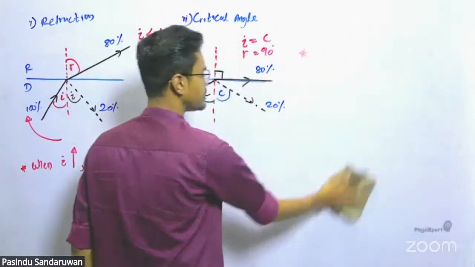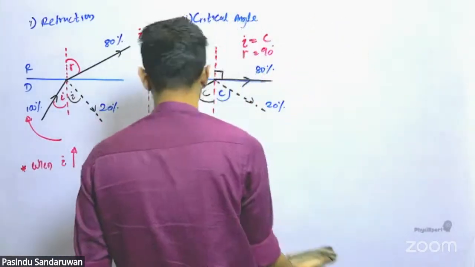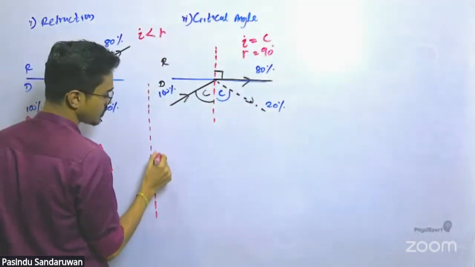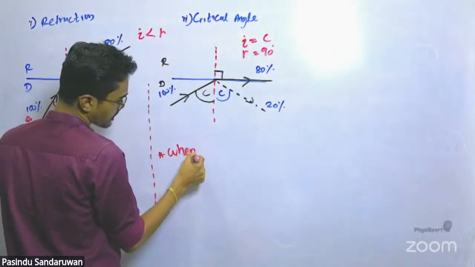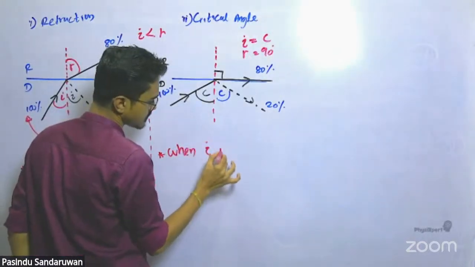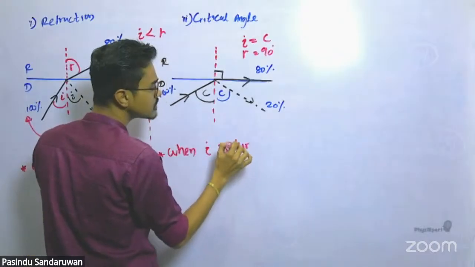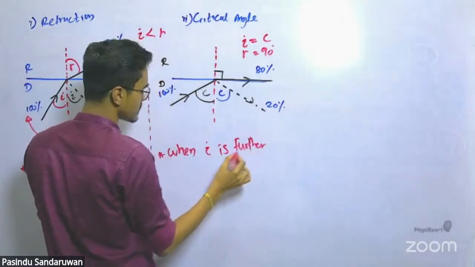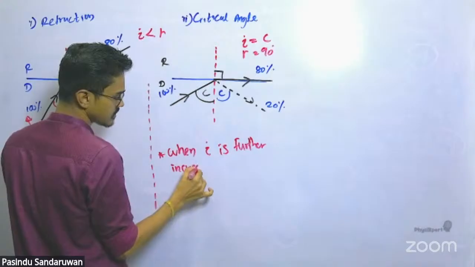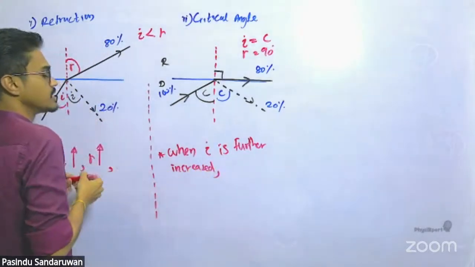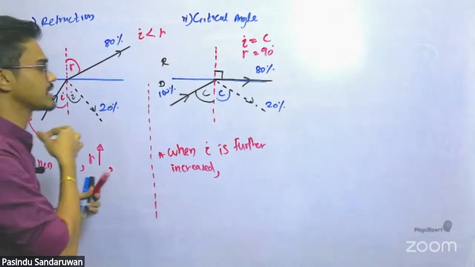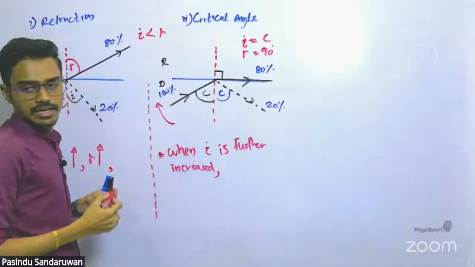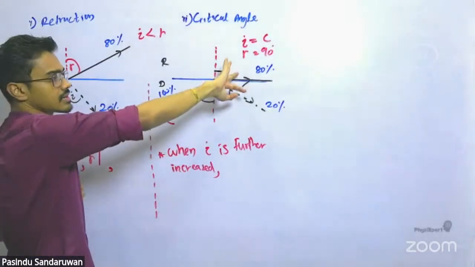Look at the board again. Now, when I is further increased beyond the critical angle, R tries to increase further.